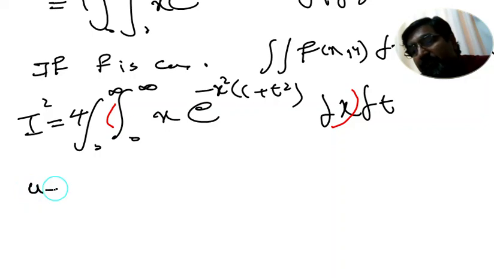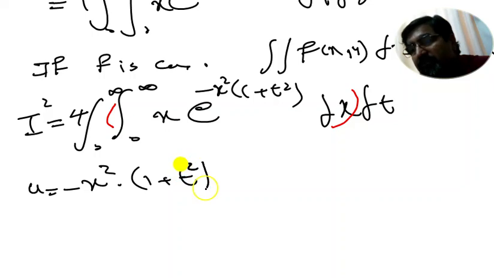Define u equals minus x squared multiplied by 1 plus t squared.